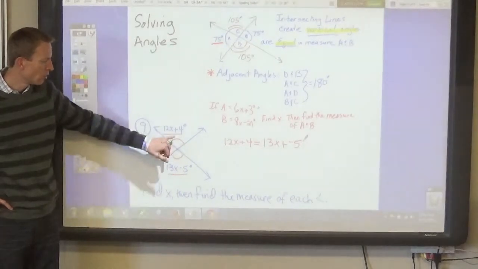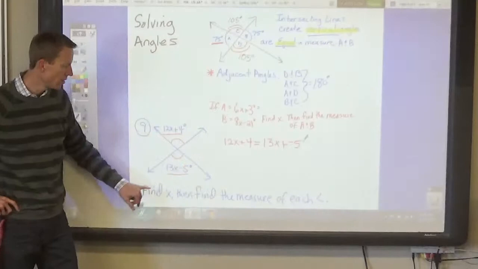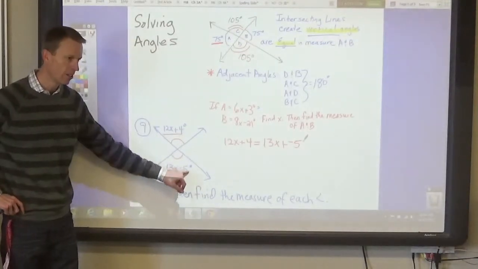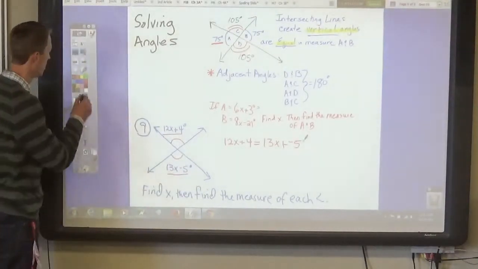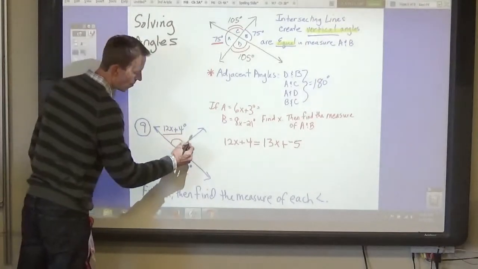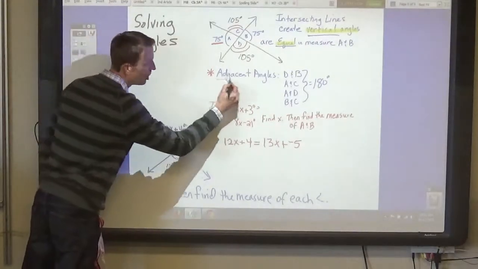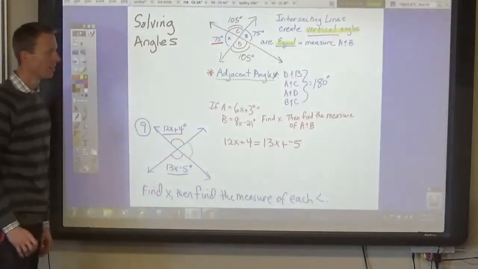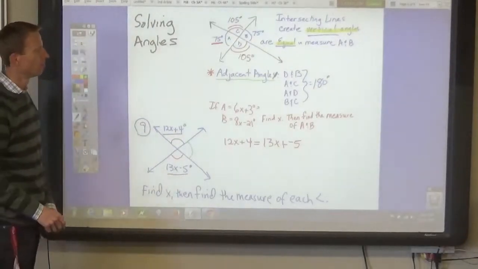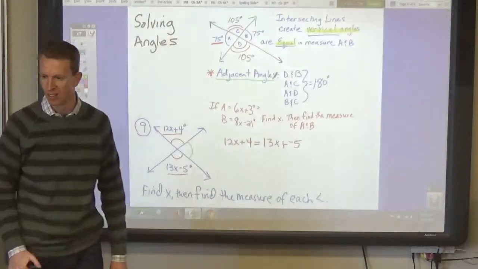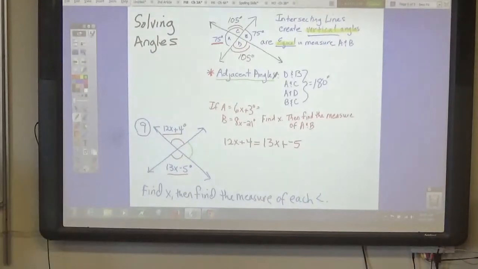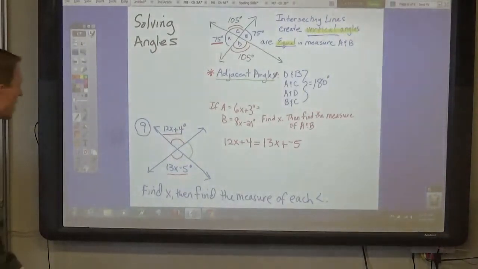And after you find the measure of x, then put it into one of the expressions to find the measure of this angle, and then find the measure of the angle next to it, called the adjacent angle. Okay? Good. Now put that into the expression to find the measure of the actual angle.